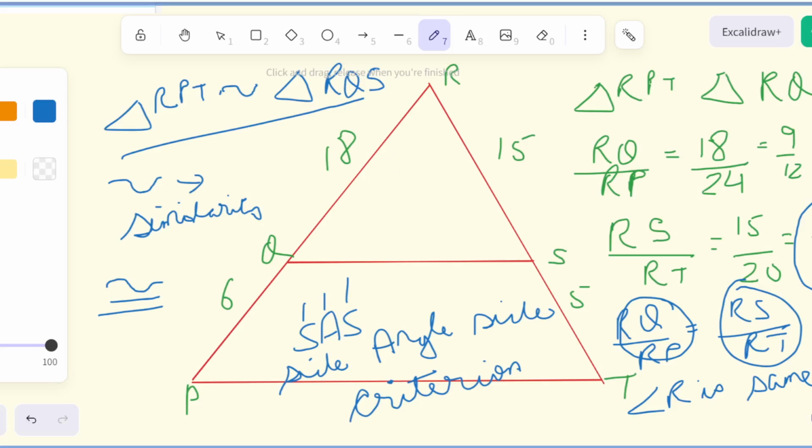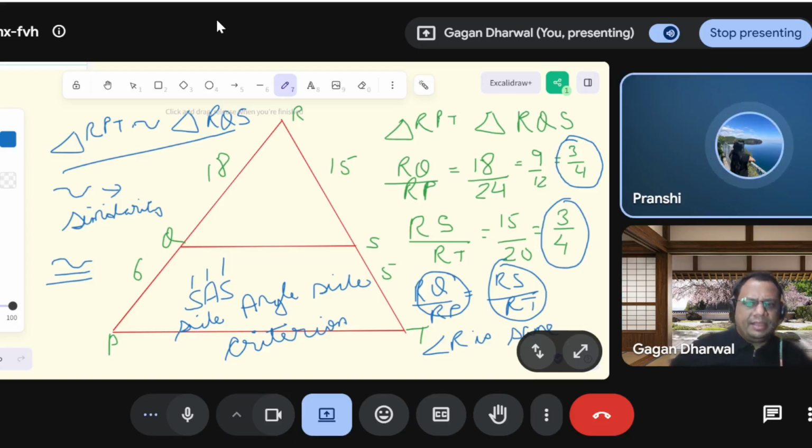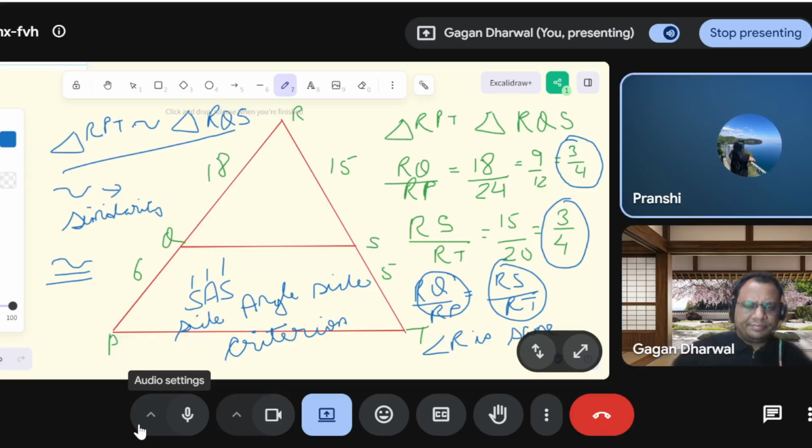Whenever two angles of any two triangles are the same, you can say that those triangles are similar. These are the criteria, and then we'll do some questions. Easy topic, nothing as such. Once you understand, we can easily go through.